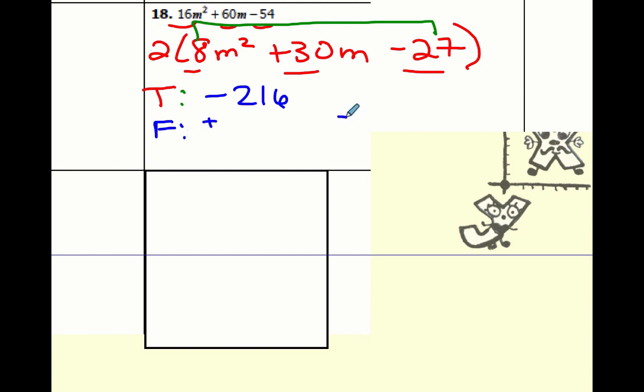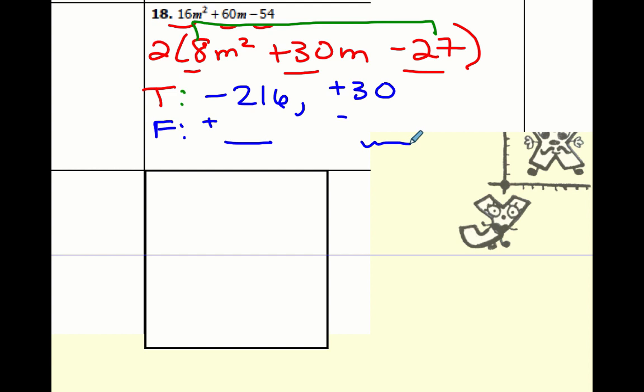And remember, my target sum is going to be a positive 30. So I need the larger number to be positive and the smaller number to be negative. And now I know that they're 30 apart, so I want one to be a much bigger factor than the other.